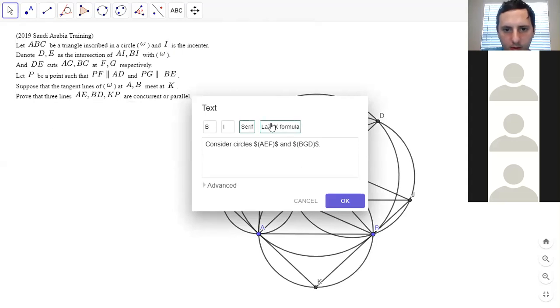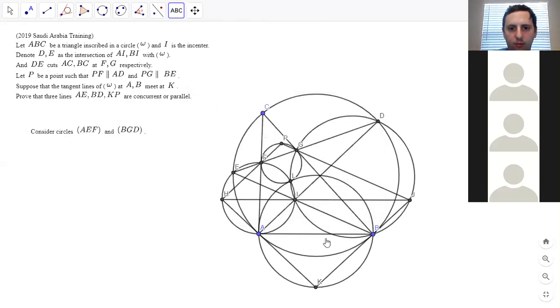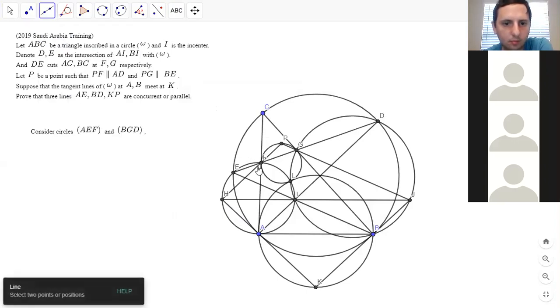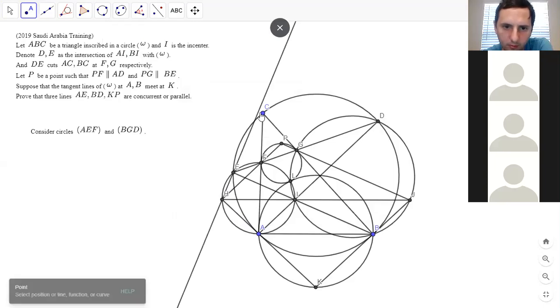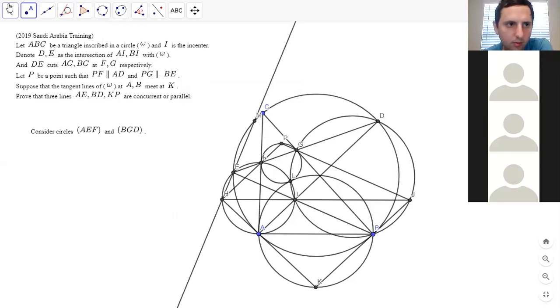So first, how do you show that K lies on the radical axis of those? Can you call the intersection of HE and circle ABC that point, and label it?